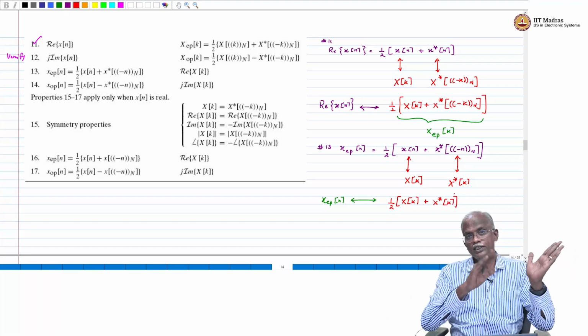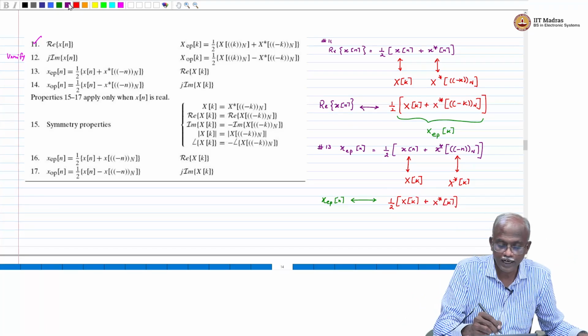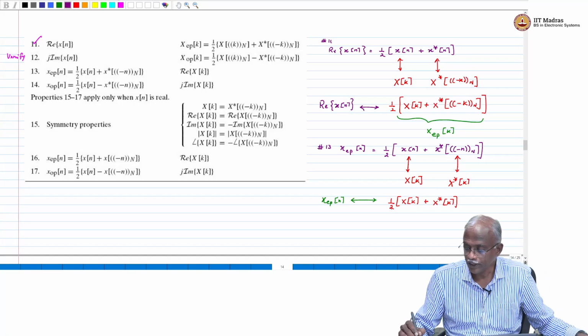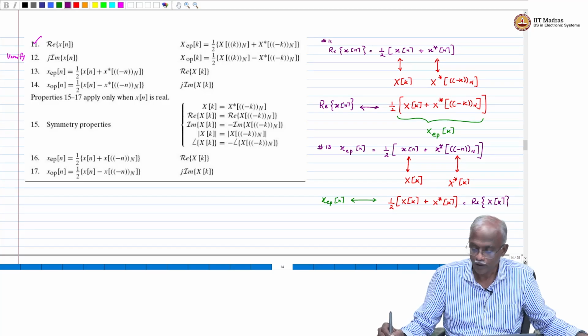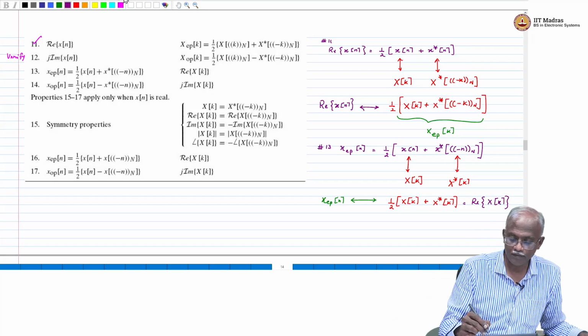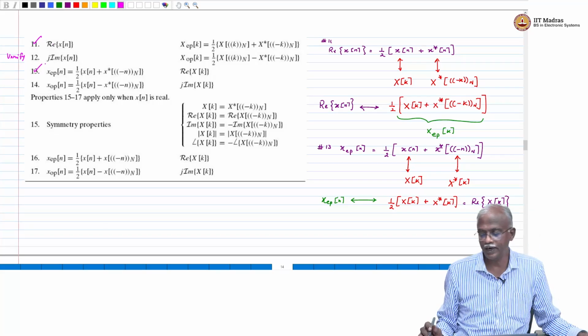When you add x of k with its conjugate and divide by 2, what we get is equal to the real part of x of k. So that is what we have just now verified.